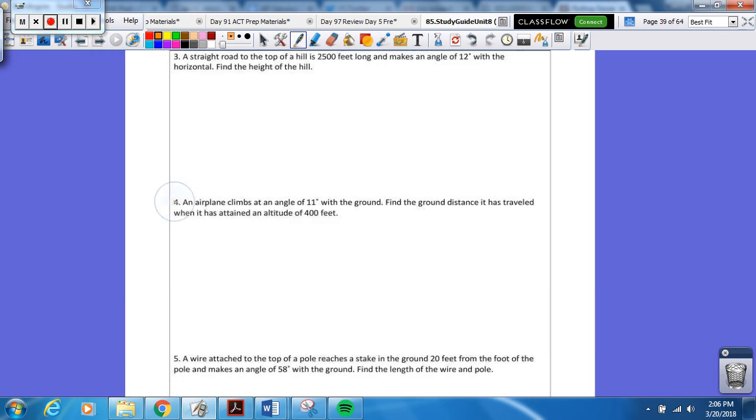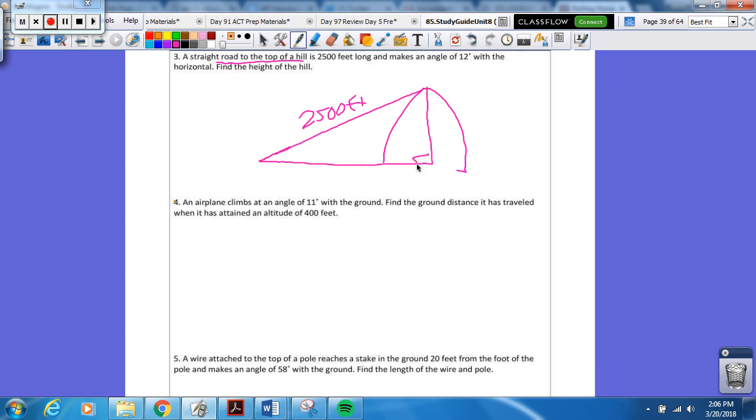One more, then you're going to do 4 and 5 on your own. Nice job. One more. A straight road at the top of the hill is 2,500 feet long. So there's a road going up the hill. It makes an angle of 12 degrees with the horizontal.